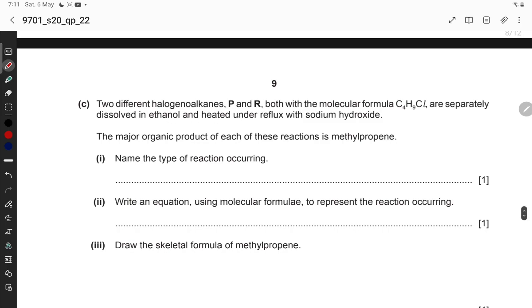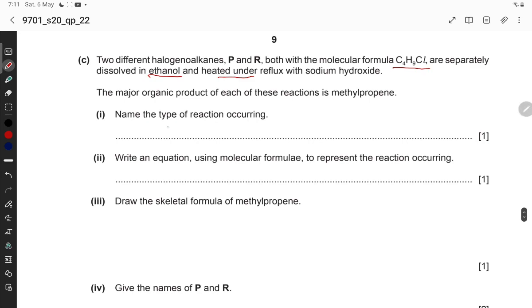Two different haloalkanes P and R with the molecular formula C4H9Cl are separately dissolved in ethanol and heated under reflux with sodium hydroxide. The major organic product of each of these reactions is methyl propene. Name the type of reaction occurring.